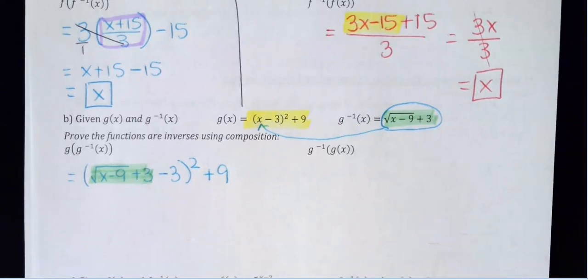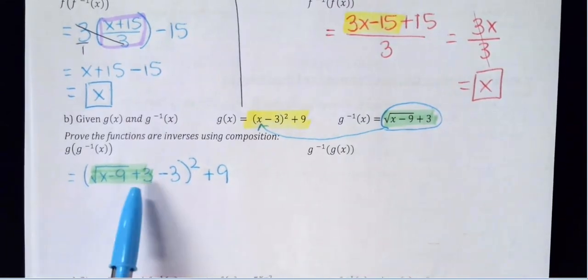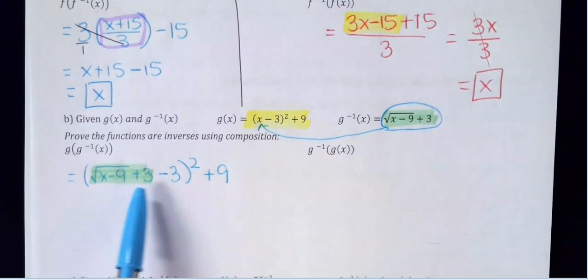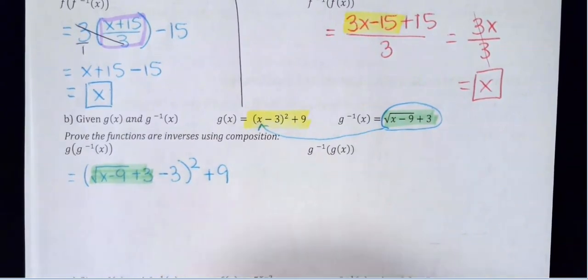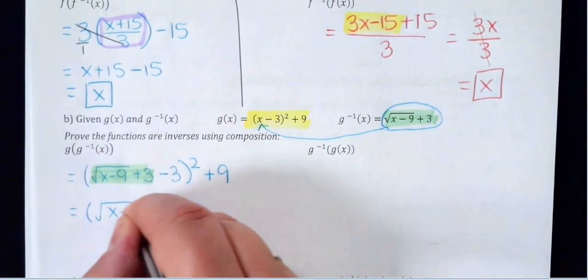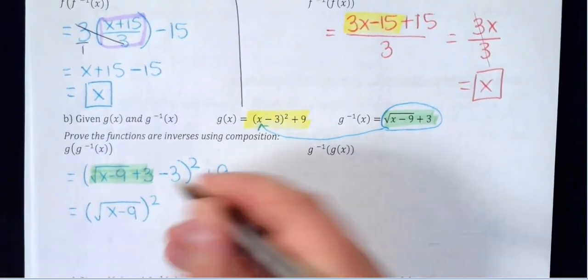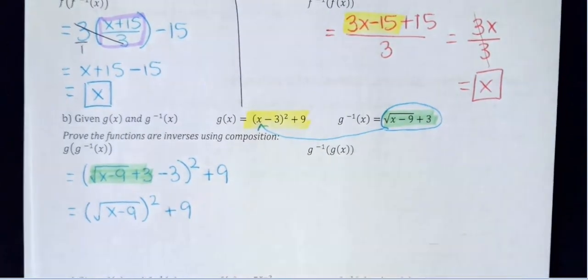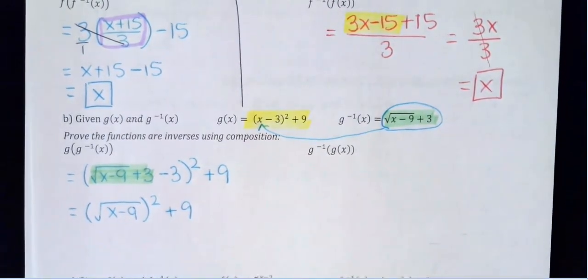If you notice, right in here, in the parentheses, the positive 3 on the outside of that radical and the negative 3 that was also there, those just cancel out. So I get, in the parentheses, x minus 9 all under a square root, that's squared, and plus 9. What would that first term become?